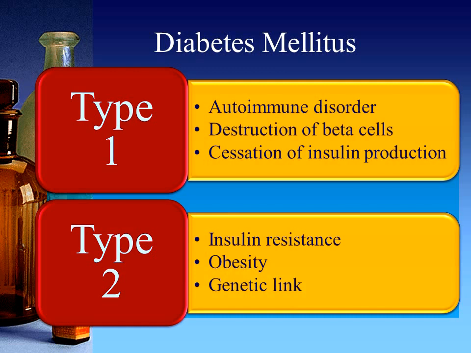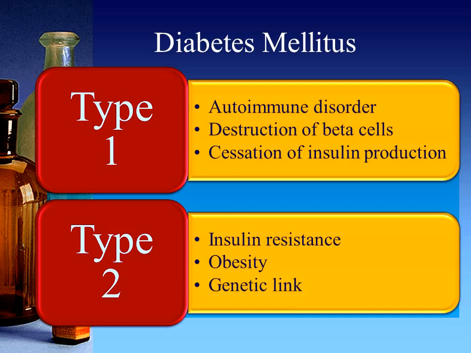The ketones that you see in the urine or in the blood are the result of the body starting to use protein and fat for energy source because it can't metabolize the glucose. So those are the typical things we will see related to a type 1 diabetic.